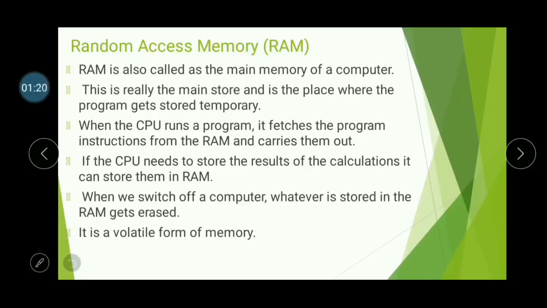When we switch off a computer, whatever is stored in the RAM gets erased. It is a volatile form of memory. So if the CPU stored any data and information in random access memory, all the data and information gets deleted or erased when we switch off our computer.